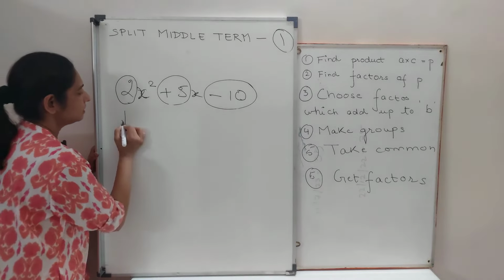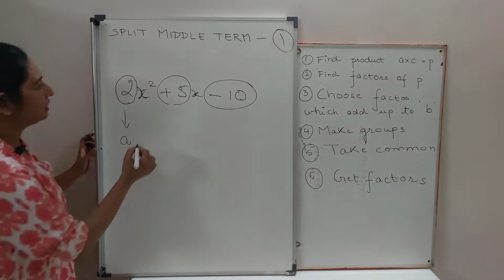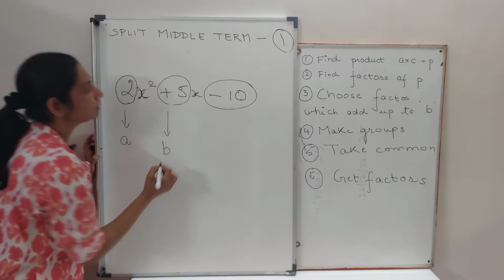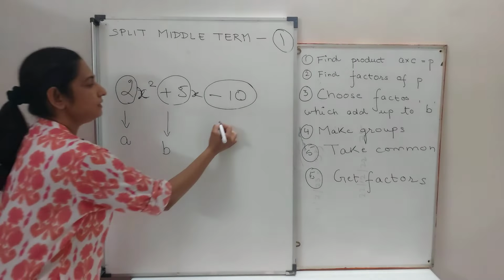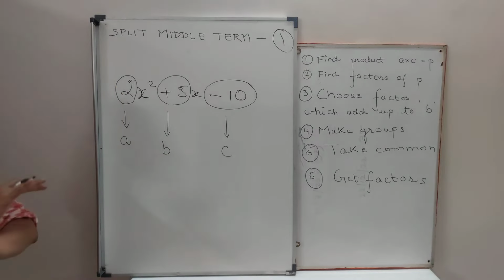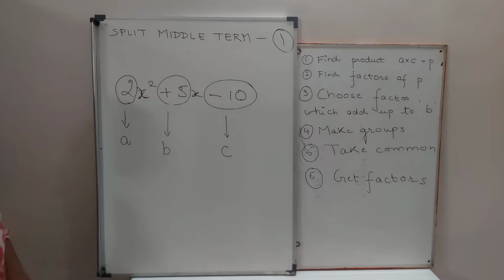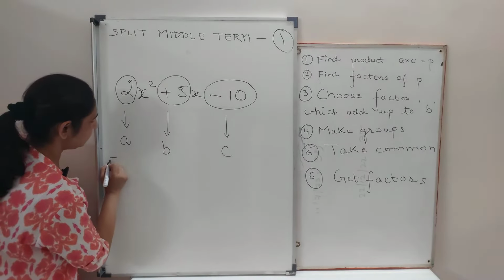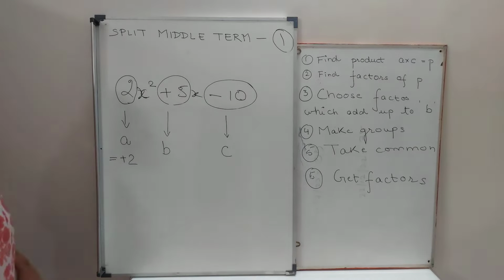Now the coefficient of x square is given the symbol a. The coefficient of x is given the symbol b, and the constant term is given the symbol c. That's a standardized symbol notation. Okay, no changes in any book or anything. So if I want to write the value of a here, it is plus 2. Now why have I written plus 2?